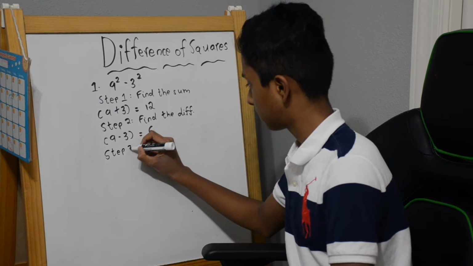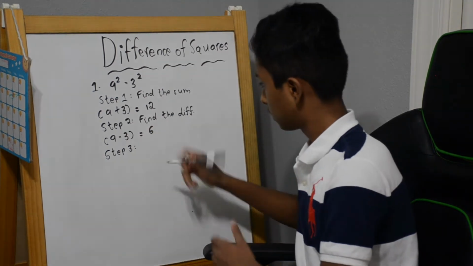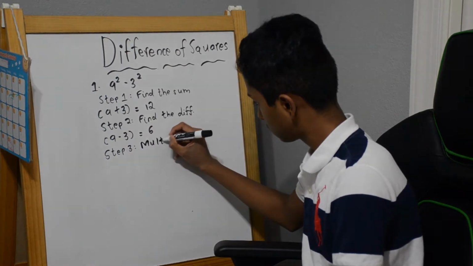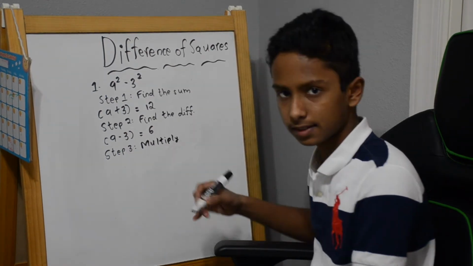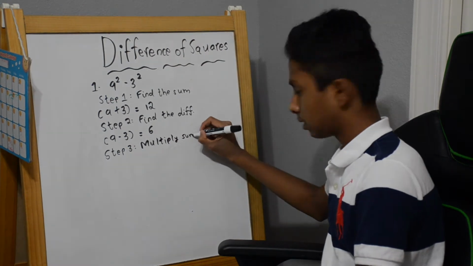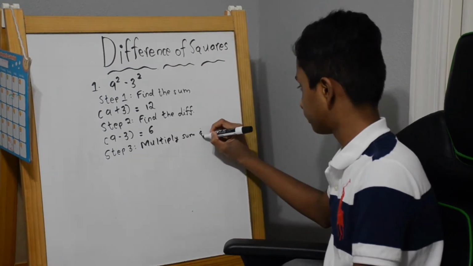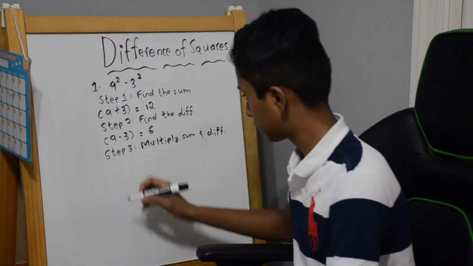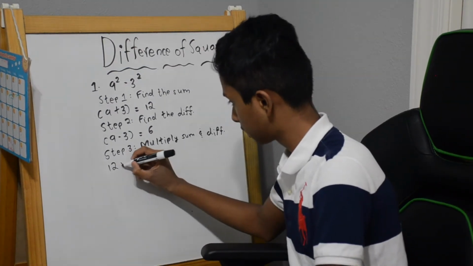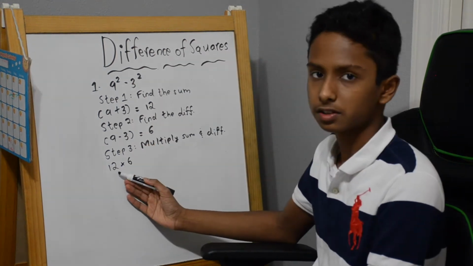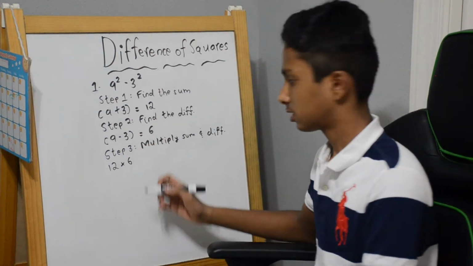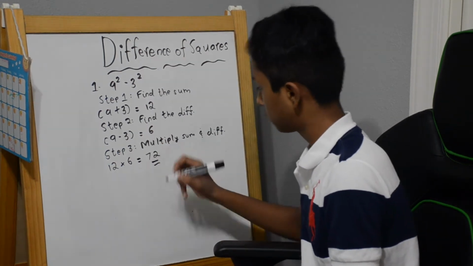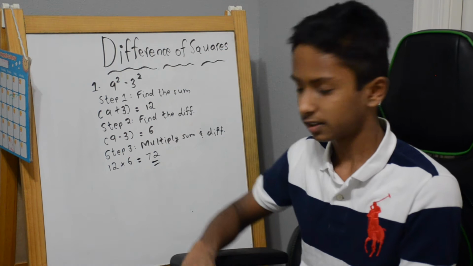Step 3, that's the final step, and that is to multiply sum and difference. And what is that? Sum and difference, that is 12 times 6, where 12 is the sum and 6 is the difference. 12 times 6 is 72, and that is your final answer. Let's take the second example.